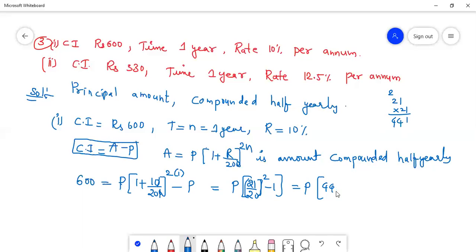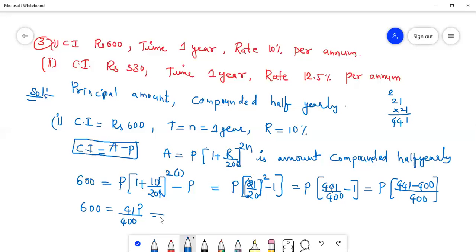It is 441 by 400 minus 1. Again taking the LCM, 441 minus 400 by 400, it is 41 into P by 400 is equal to 600. From this, the principal amount P is equal to 600 into 400 by 41.